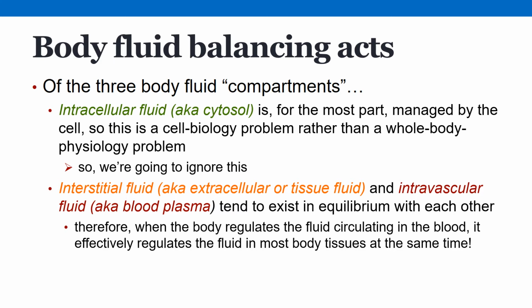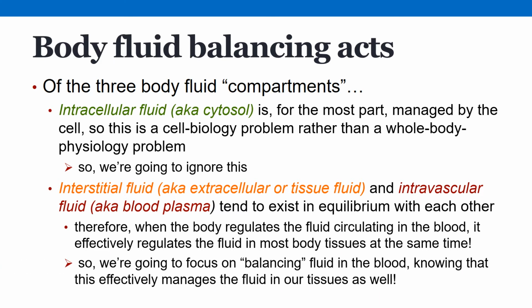Therefore, when the body regulates the fluid circulating in the blood, the intravascular fluid, it is effectively regulating the fluid in all of your body tissues at the same time. So we're going to focus on balancing the fluid in the blood, knowing that through the equilibrium blood maintains with tissue fluid, we're effectively managing all of our tissues at the same time.